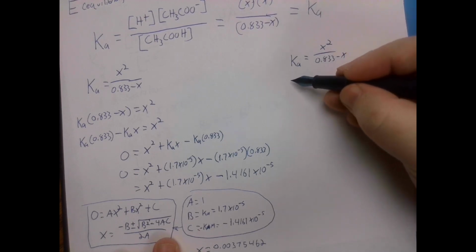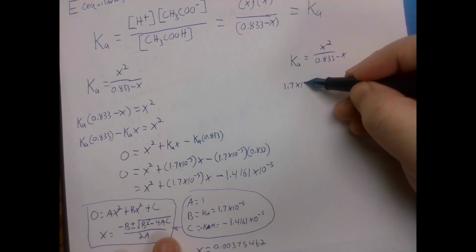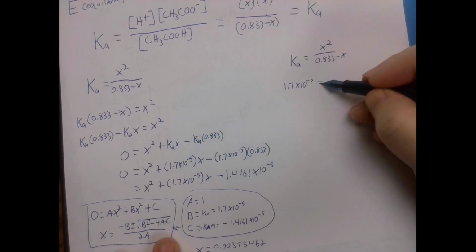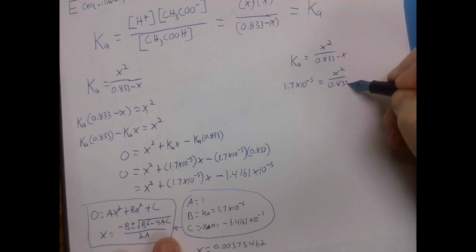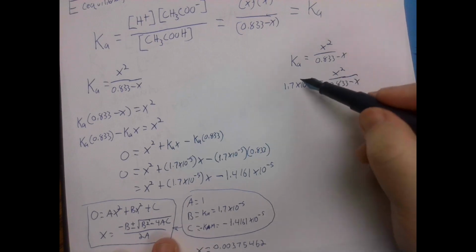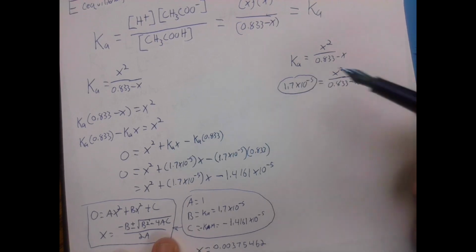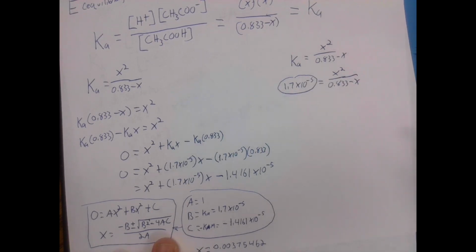And we know Ka is equal to 1.7 times 10 to the negative 5. That must be equal to x squared divided by 0.833 minus x. What is this number? It's extremely tiny, right? It's a very small number.